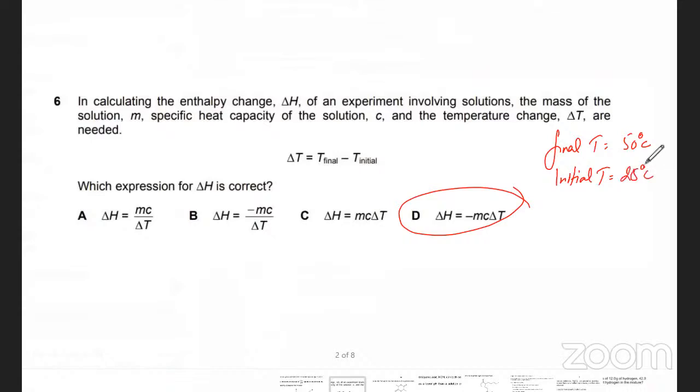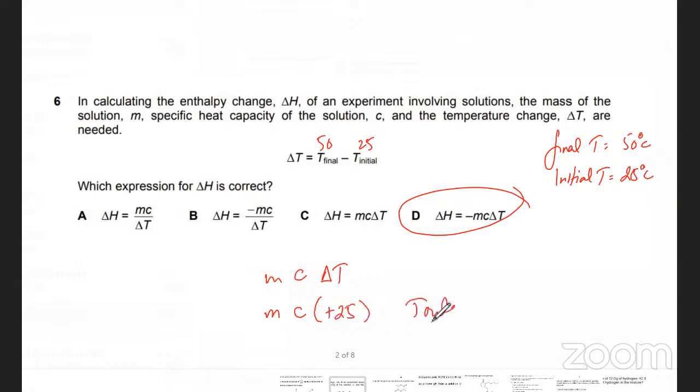So you started off at 25 and the temperature rose to 50. So if I take MC delta T, you've got M, you've got C. What is the value of delta T? It's going to be 25. Final minus initial. Positive 25 or negative 25? Positive, because it's final, which is 50, minus 25. So it should be positive 25, right?